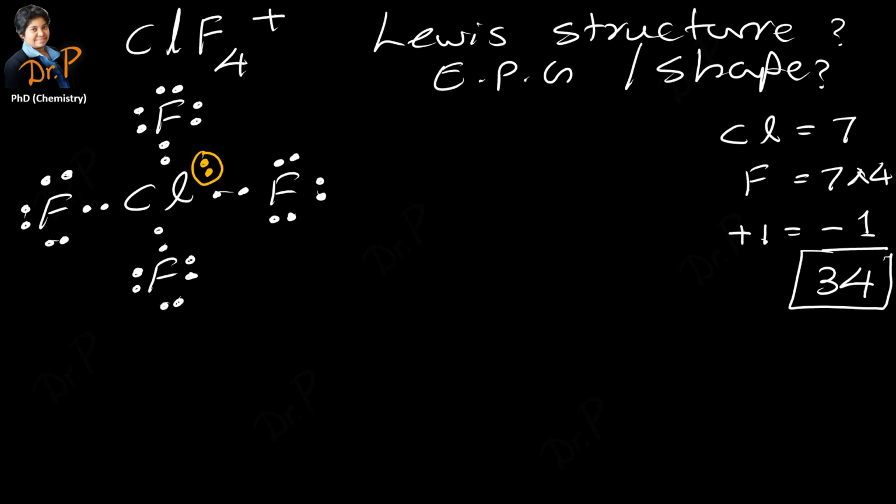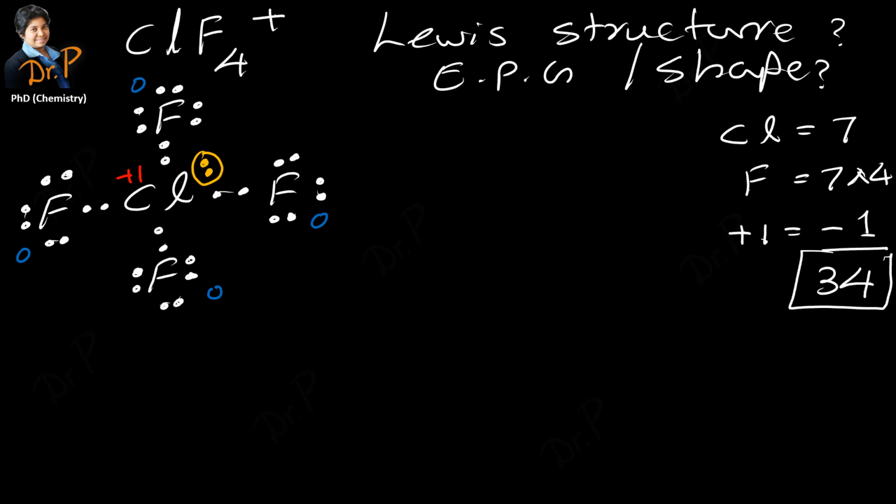It has empty d orbitals, so it can hold more than 8 electrons. If you do the formal charges, you will find that all the fluorine atoms have a formal charge of 0, while chlorine will hold the +1 formal charge.